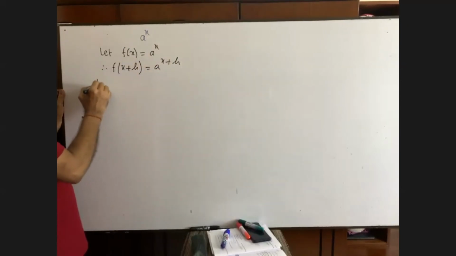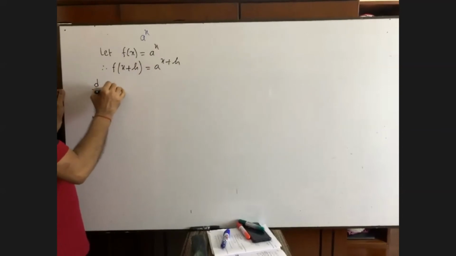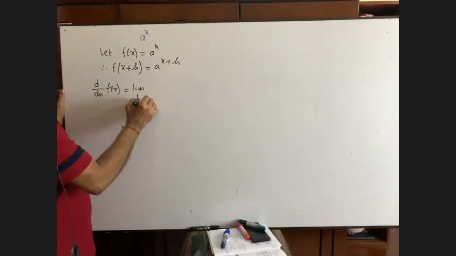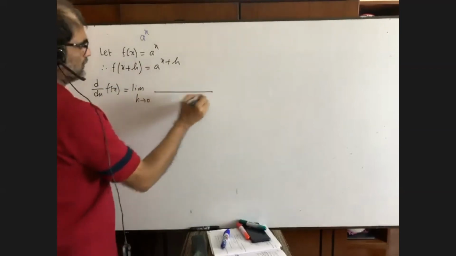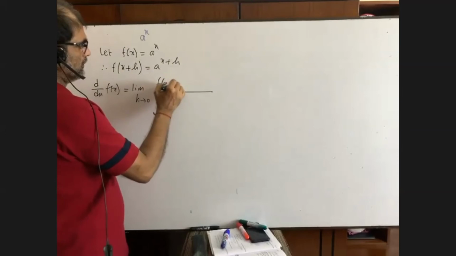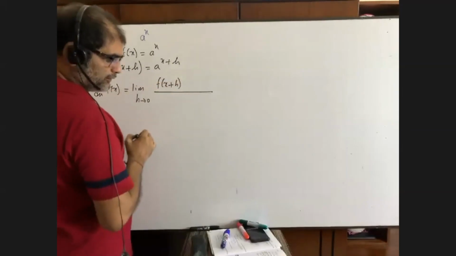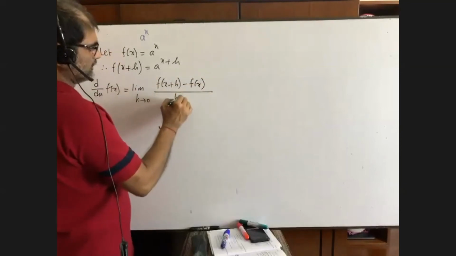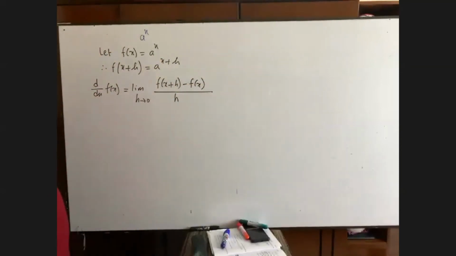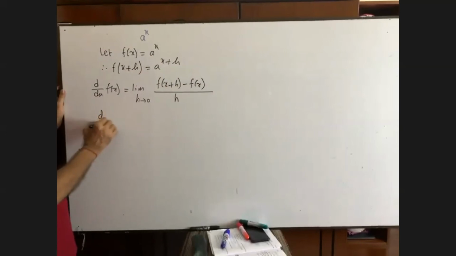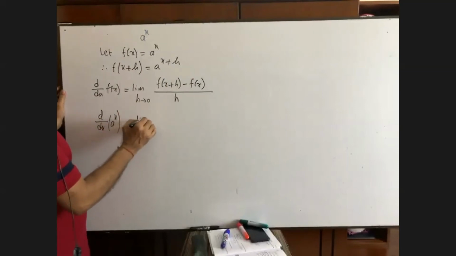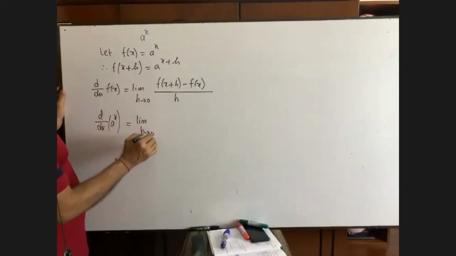We know d by dx f(x) is equal to limit h tends to 0 of f(x plus h) minus f(x) by h. Now you see d by dx of e to the power x is equal to the limit.